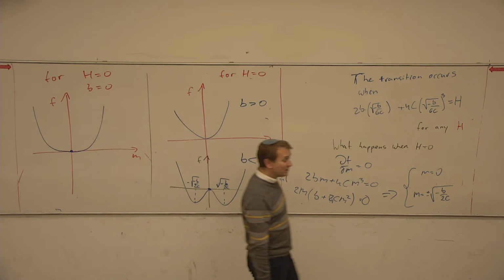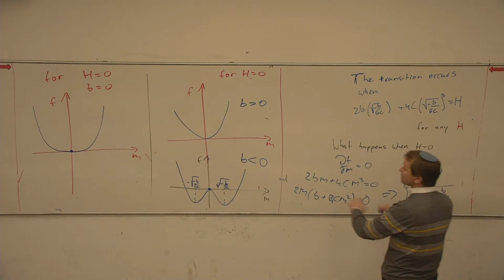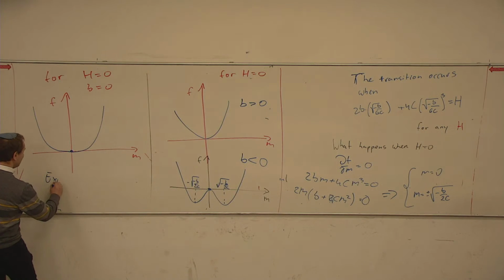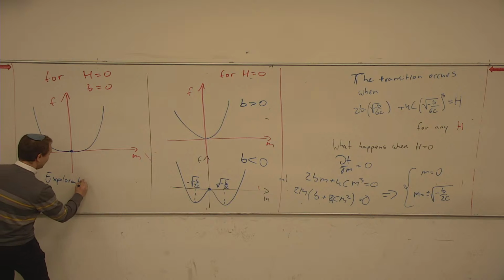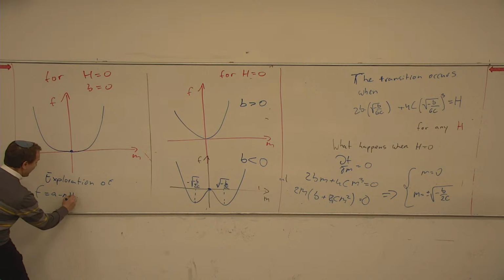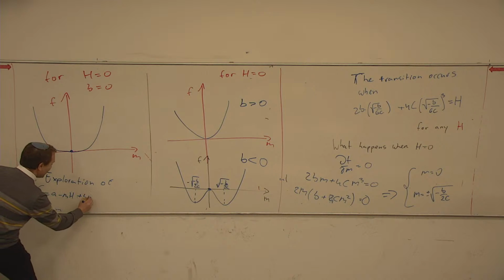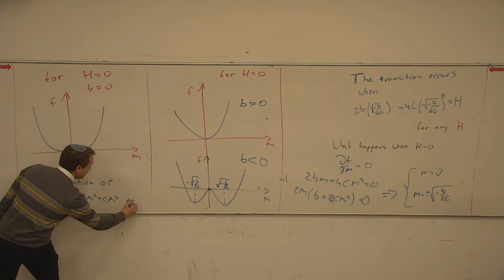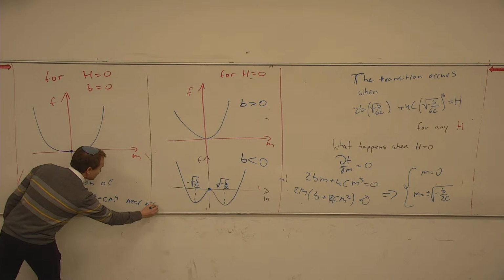The only thing that is left, and all the behavior that one can obtain, is by exploration of f equals minus m h plus b m squared plus c m to the fourth near b equals 0.